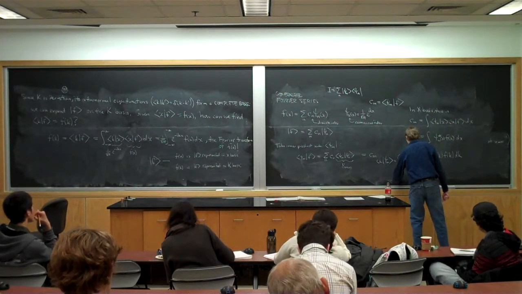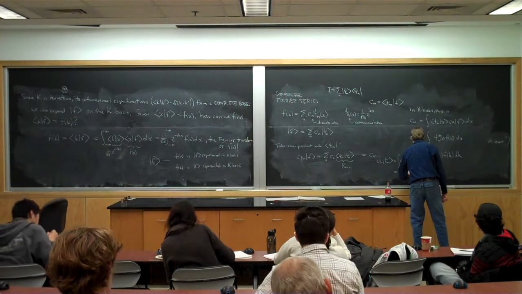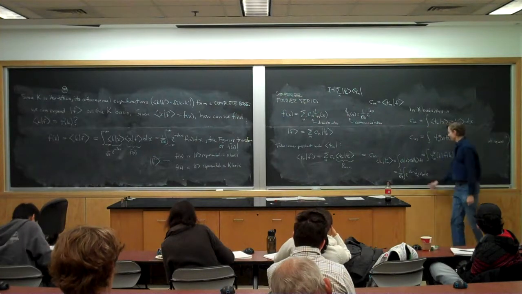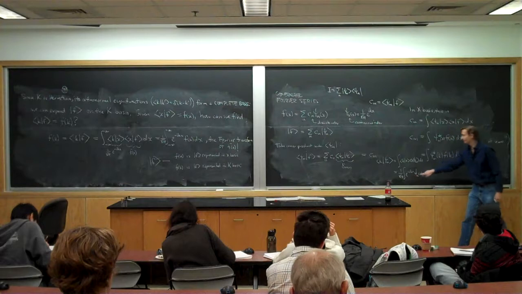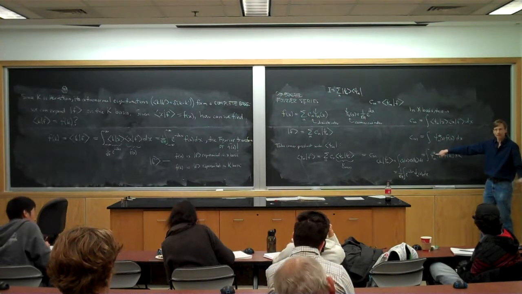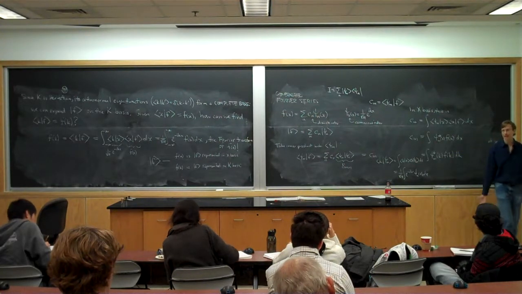This is 1 over root 2 pi, e to the minus i k x, psi m of x dx. So this is the Fourier transform of psi m of x. Since it's appearing conjugated here, it's the complex conjugate of the Fourier transform of psi m of x, which is psi m of k, which is psi m star of k.